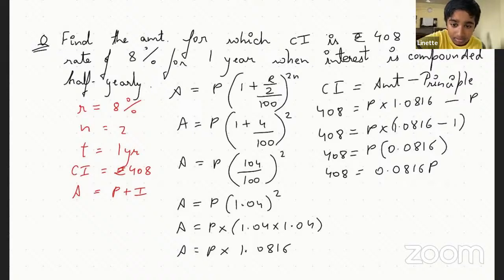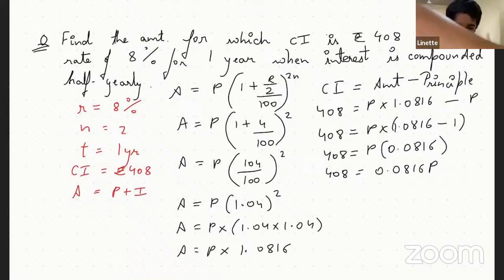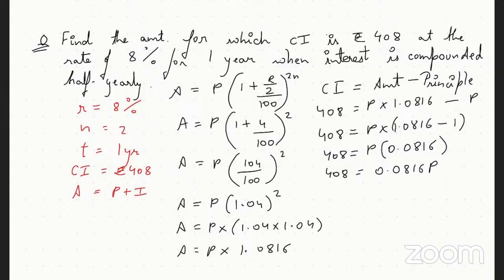Yes. Thank you, Naya. Now, see, Abraham, just use the compound interest formula. Then in that formula only substitute the values. Compound interest I have in the question, 408. Amount I just calculated in this part.